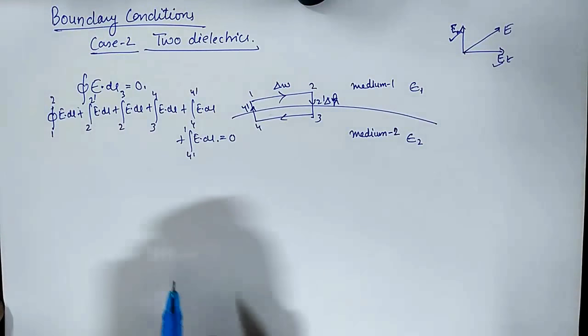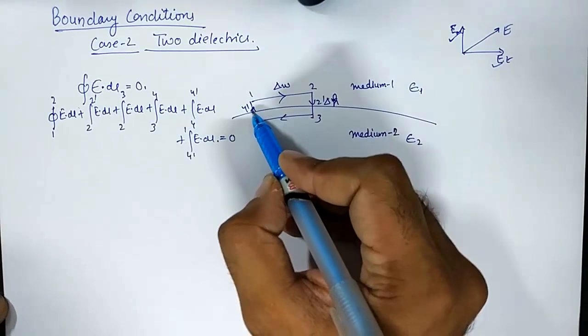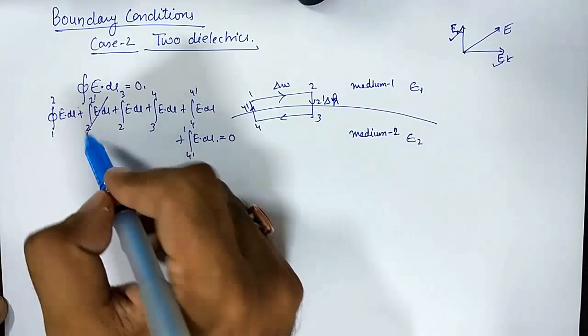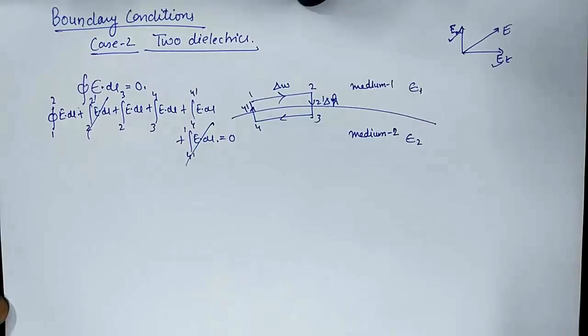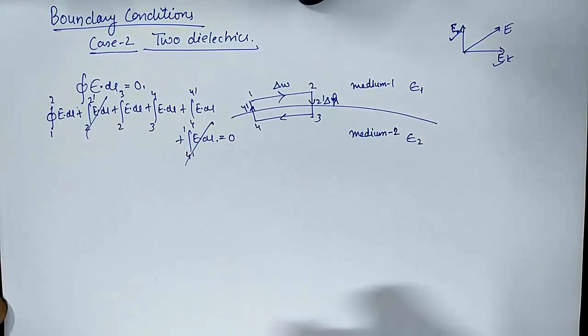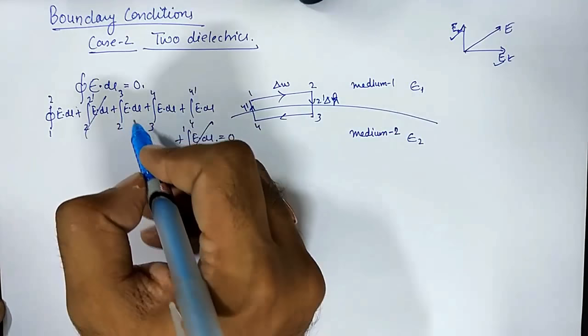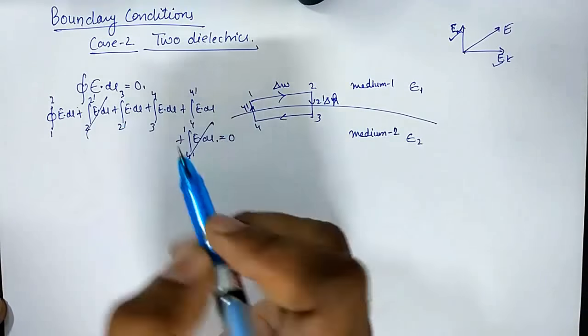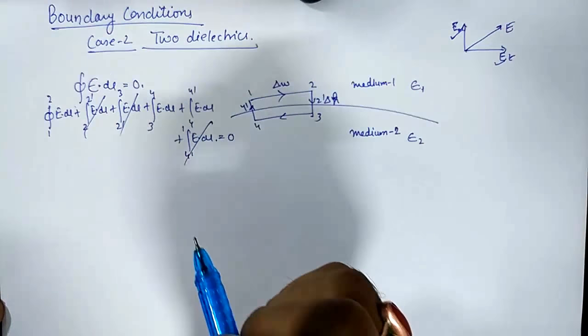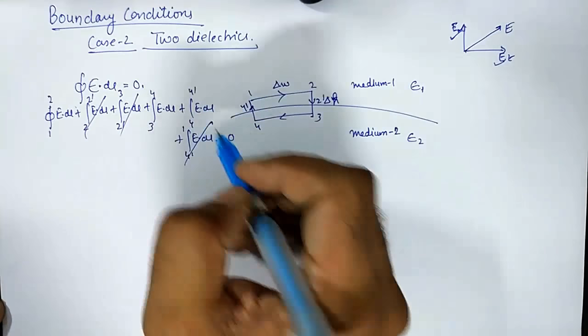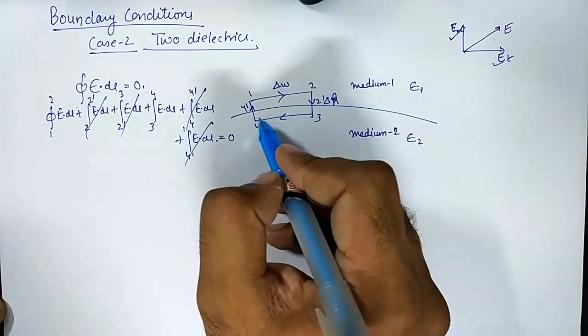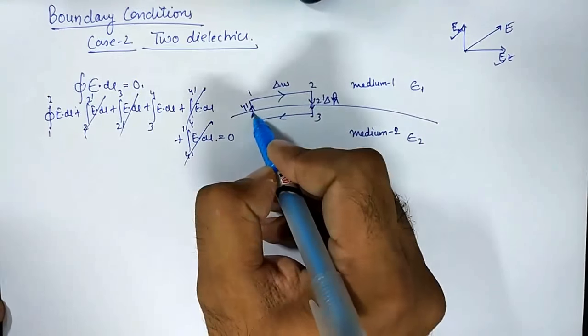Now please understand, 2 to 2 dash and 4 dash to 1 get cancelled because of their equal and opposite nature in the same medium, and 2 dash to 3 gets cancelled with 4 to 4 dash. They're in the same medium but equal and opposite.